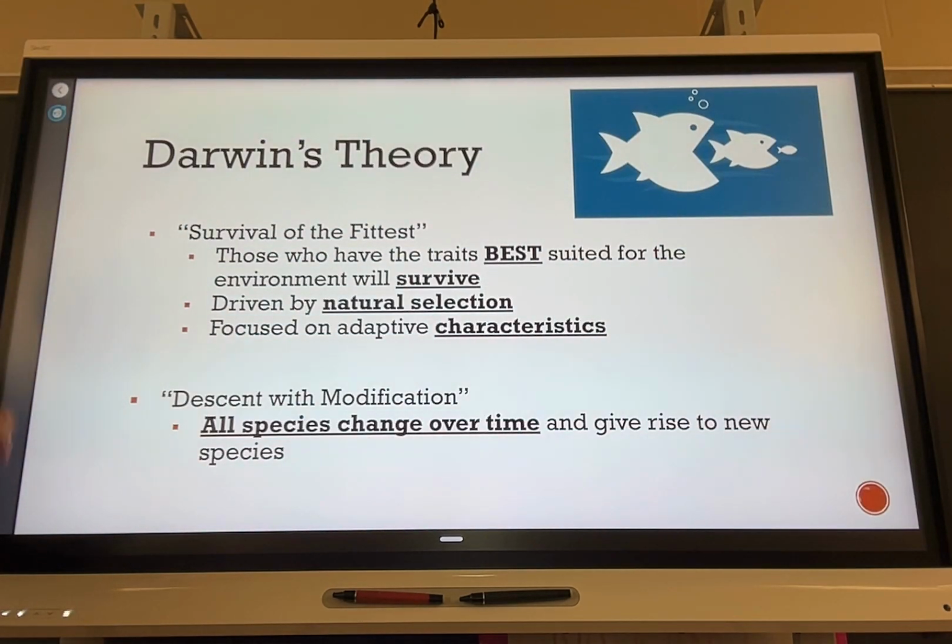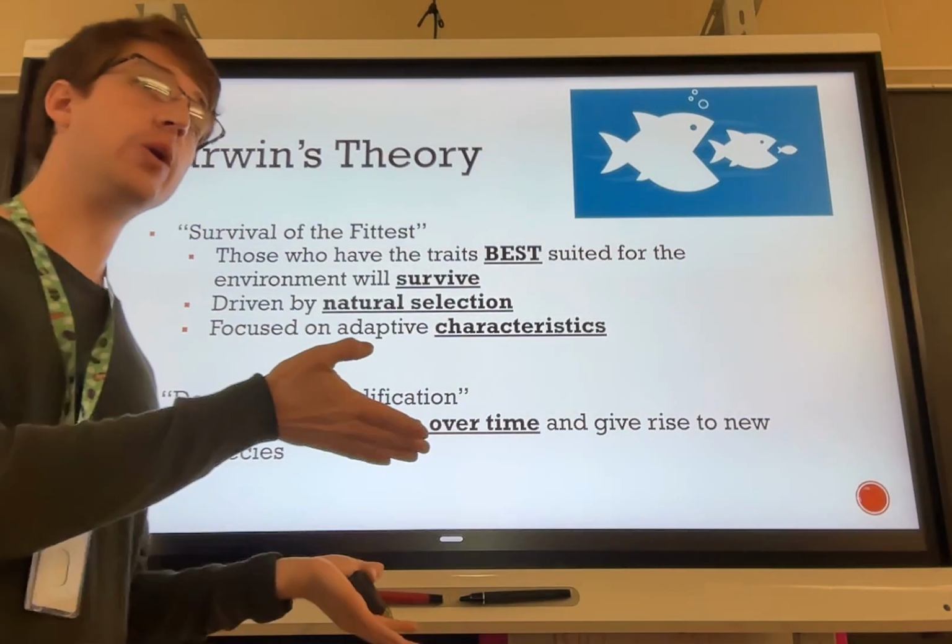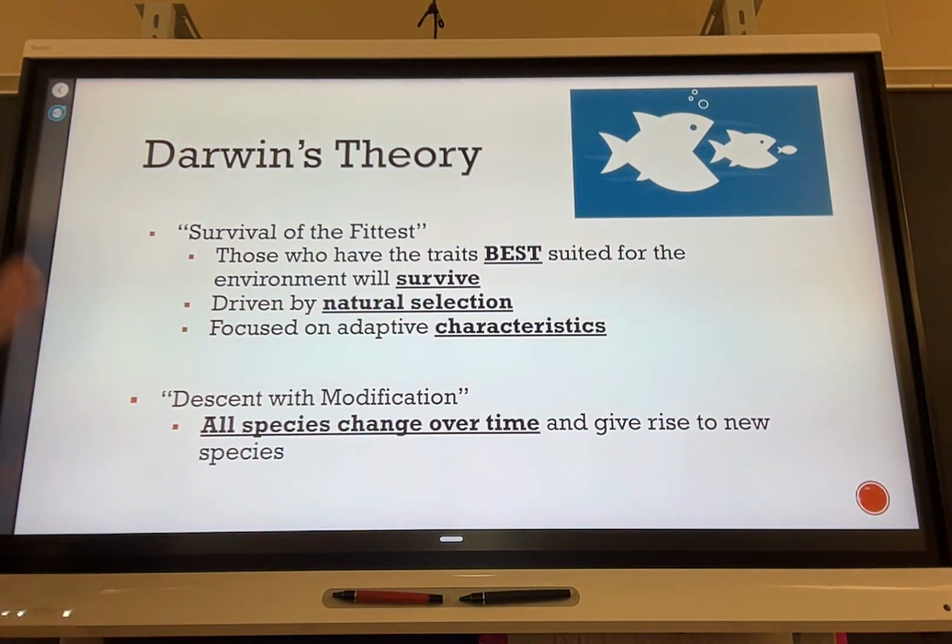So, breaking down Darwin's theory of evolution and of natural selection, Darwin had a lot to go over. A couple of things that he mainly pointed out was this idea of survival of the fittest, where those who have the best traits that are suited for the environment are going to survive. So if we have a rabbit that has a very thick coat, if we live in an Arctic environment, it's going to have a better chance of survival than a rabbit with a very thin coat.